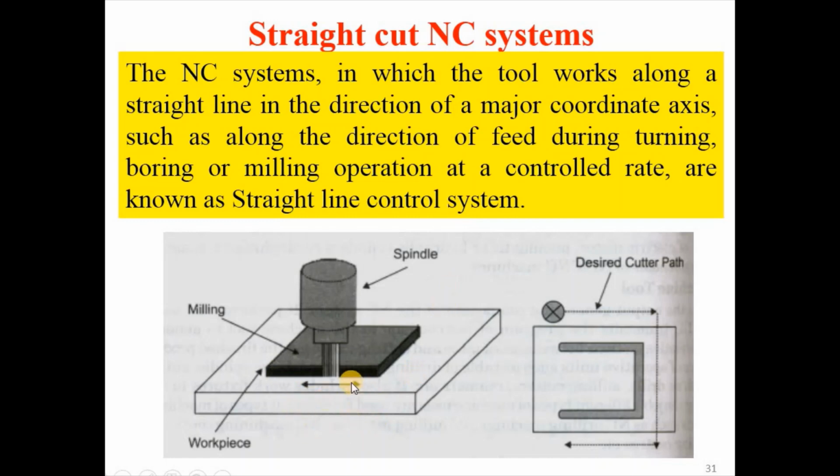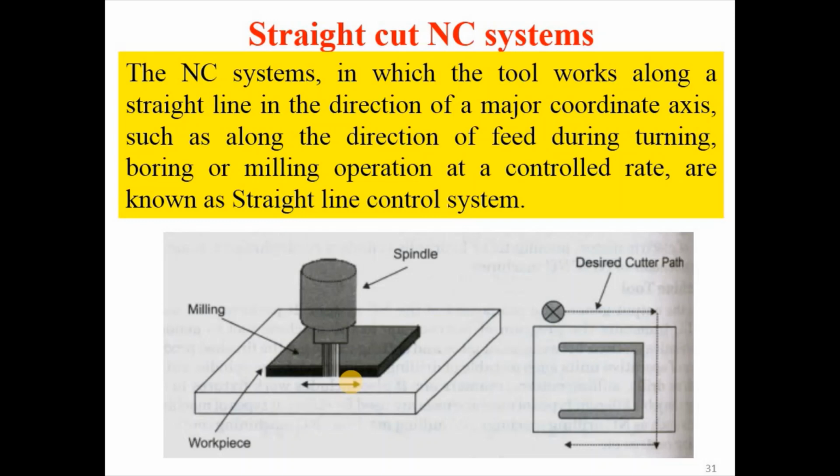Such control is known as a straight line control system, used along the direction of feed during turning, boring, and oblique milling operations. Before starting, we have to give information related to the feed rate, speed, and other things. In this system, the requirement is that we have to follow the direction of the major coordinate axis.